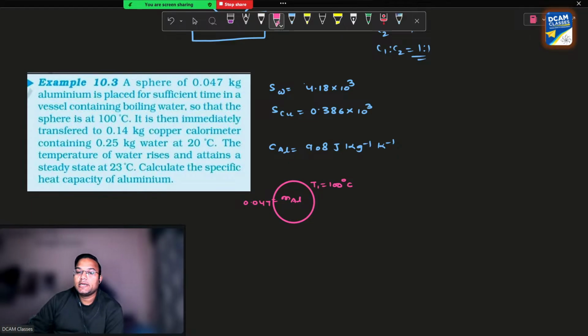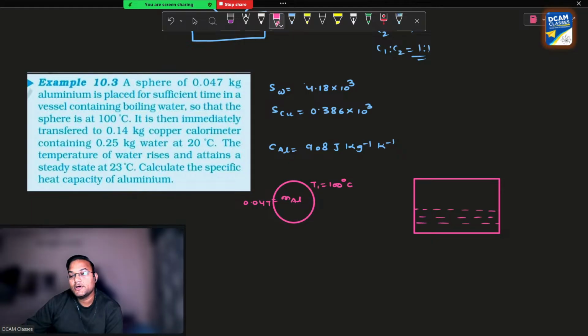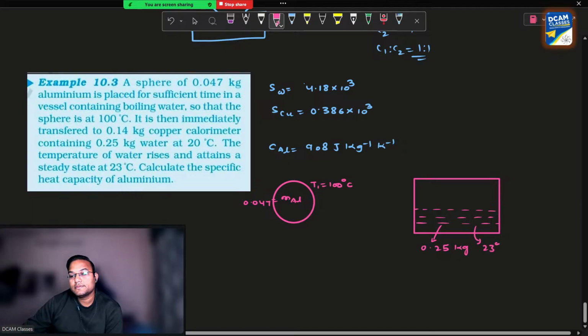It is then immediately transferred to a 0.14 kg copper calorimeter containing 0.25 kg of water.